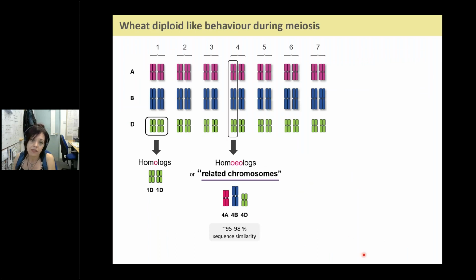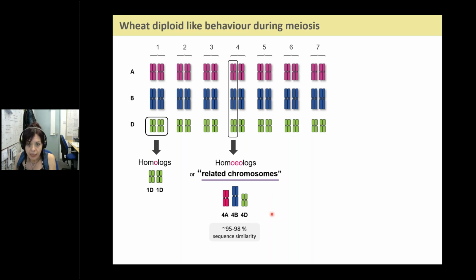And in the case of wheat, this recognition is just perfect. As you know, chromosomes belonging to the same group and genome are called homologs, while chromosomes belonging to the same group but to a different genome are called homeologs. However, during this talk, I will use the term related chromosomes to refer to the homoeologous, because I know it can be very tricky to differentiate between homologs and homeologs when speaking, or it is at least for me.